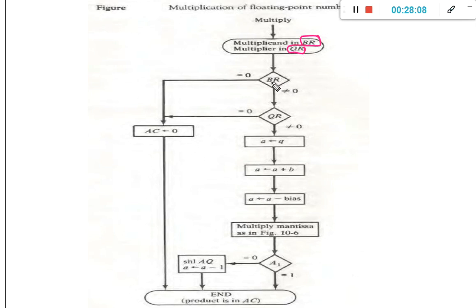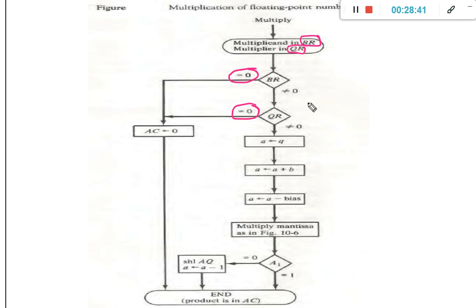If the BR value, the multiplicand value, is equal to 0, then just assign 0 to the AC register and stop the execution. Similarly, if the QR value, that is the multiplier value, is 0, then also make the AC value 0 and stop the execution. In both these cases the result will be 0 because any number multiplied by 0 will result in 0.